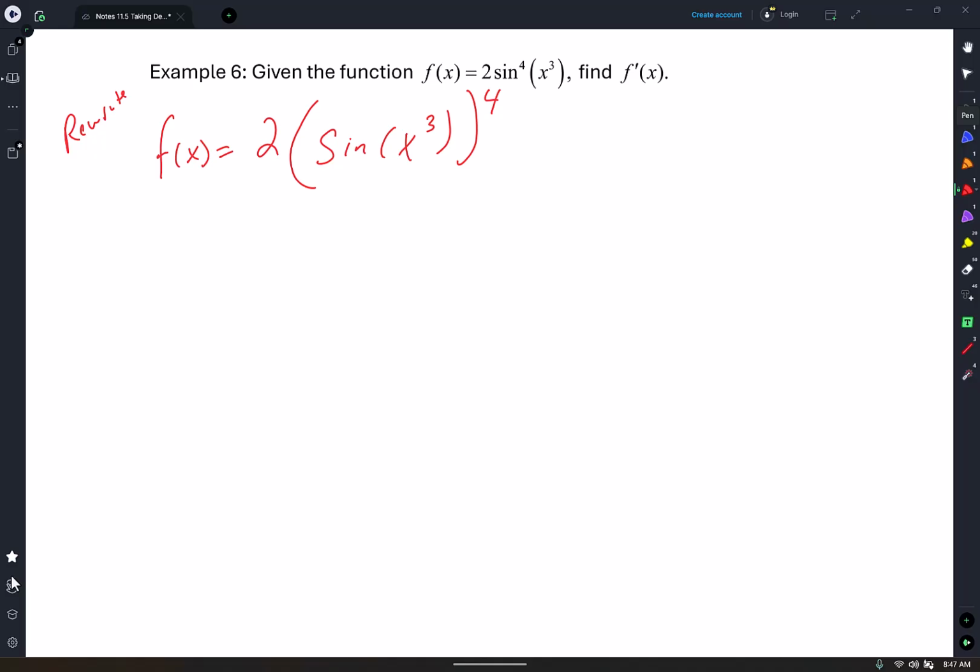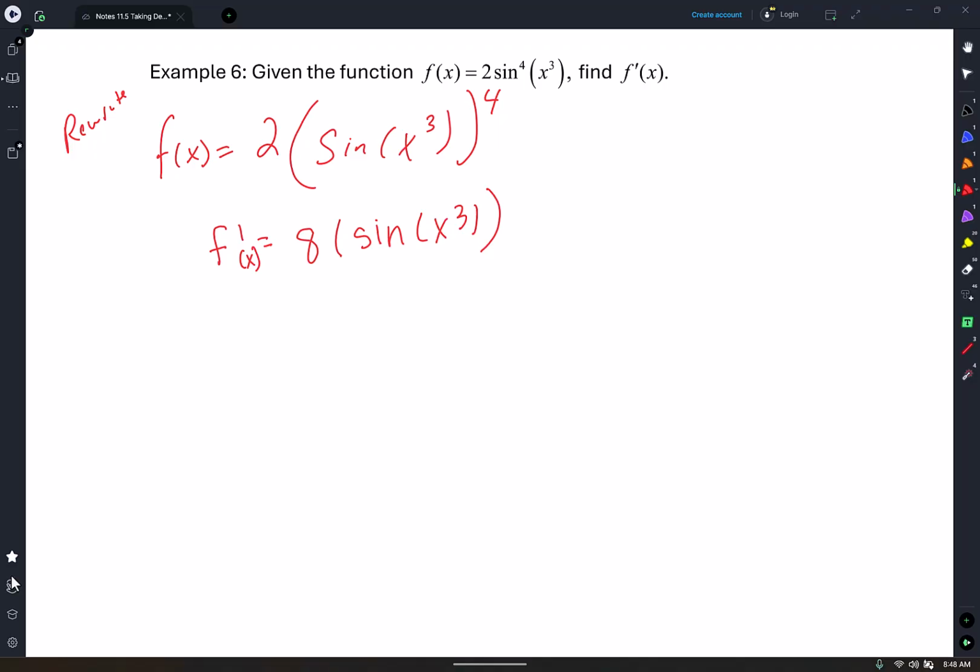So first I multiply the 4 and 2, right? Okay. So then it's 8. First write F prime, right? Oh, my bad. F prime of x, right? Yeah, that's fine. But I would have understood what you meant. Equals 8 because we multiply 2 and 4. Sine of x cubed. Right? Yep.